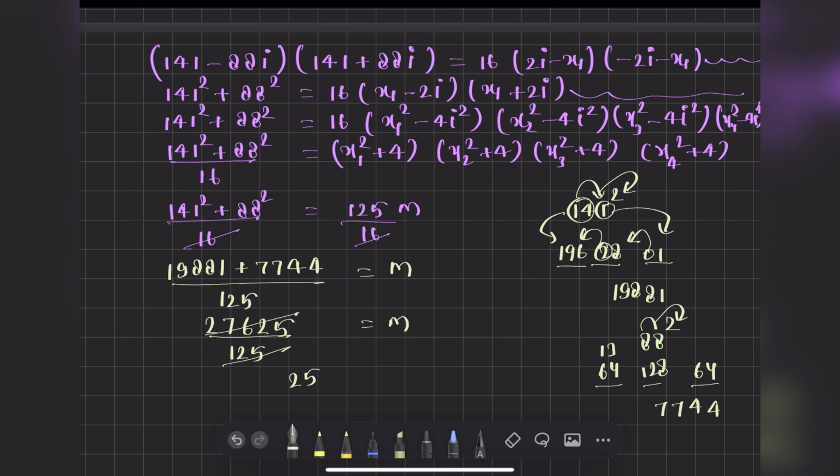Okay, so you're left with 12. Again you can divide by 5. Then it is 1105. Okay, now again you can divide. So therefore the value of m is 21.